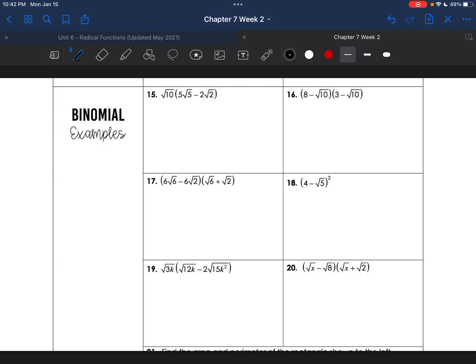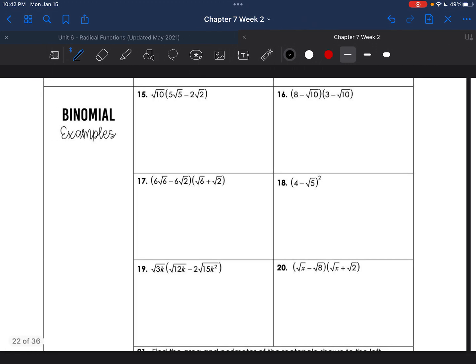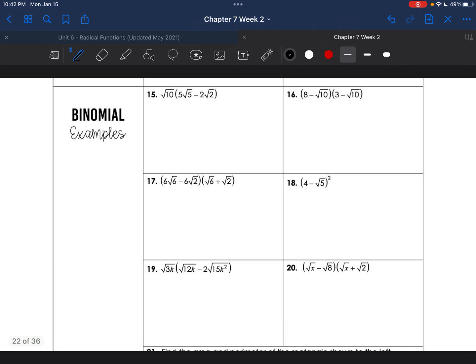It doesn't matter if we're working with exponents or radicals. They're going to work exactly the same. In that, we start out with the square root of 10 here. We're going to use this example times this binomial. So what if we looked at it? What if this was really the square root of 10 times 5x minus 2y?